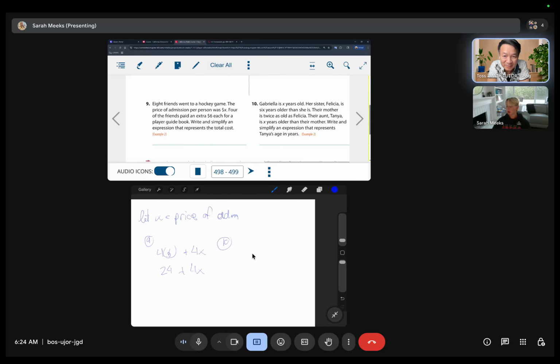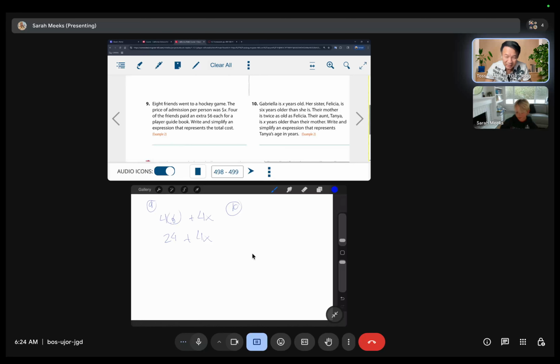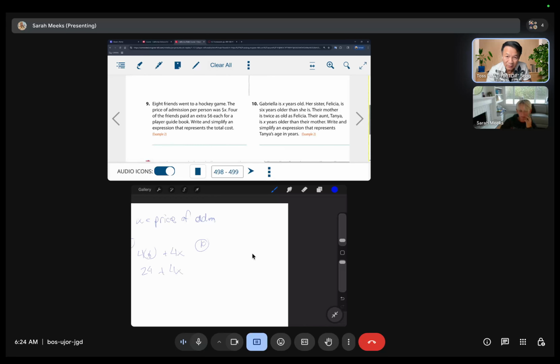Write and simplify an expression that represents Tanya's age in years. That is a lot of stuff. So the best way is to go from top to bottom. For example, I'll do Gabriella is x, or x equals Gab.